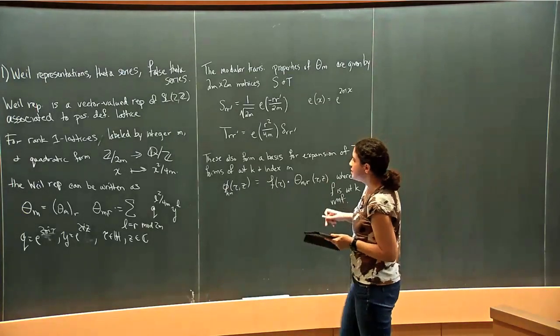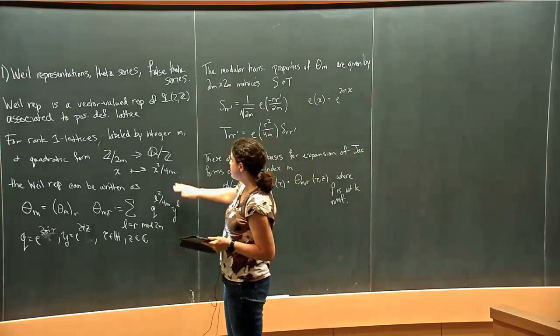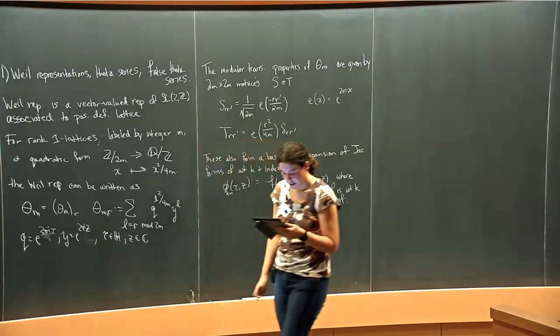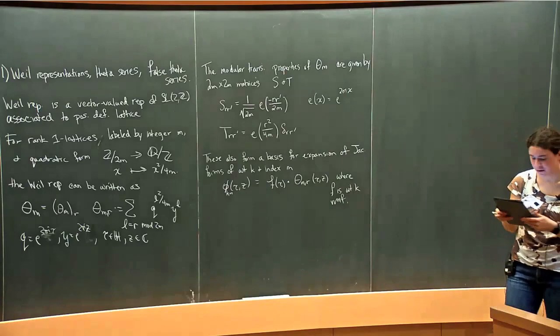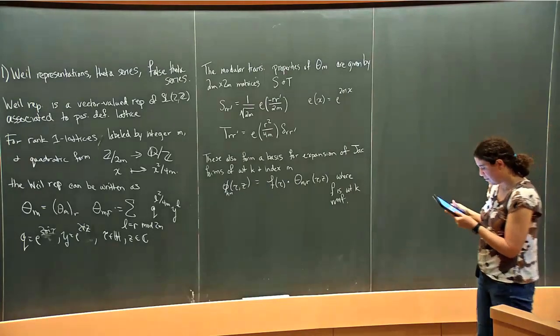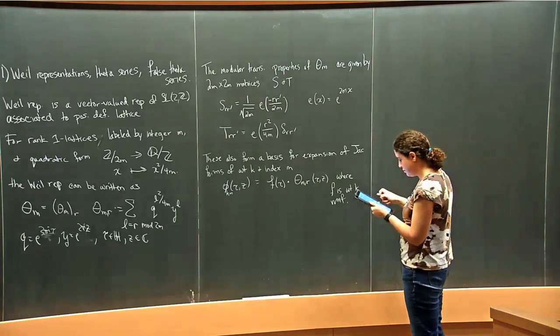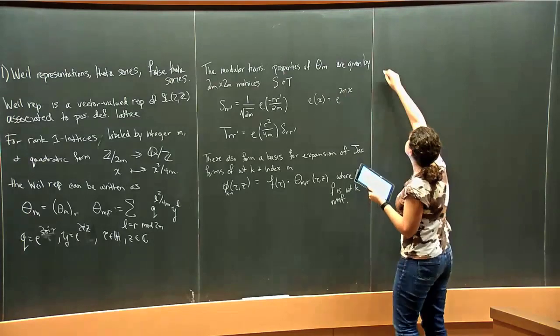And in general, these representations are 2m dimensional, and except when m equals 1, they're reducible.